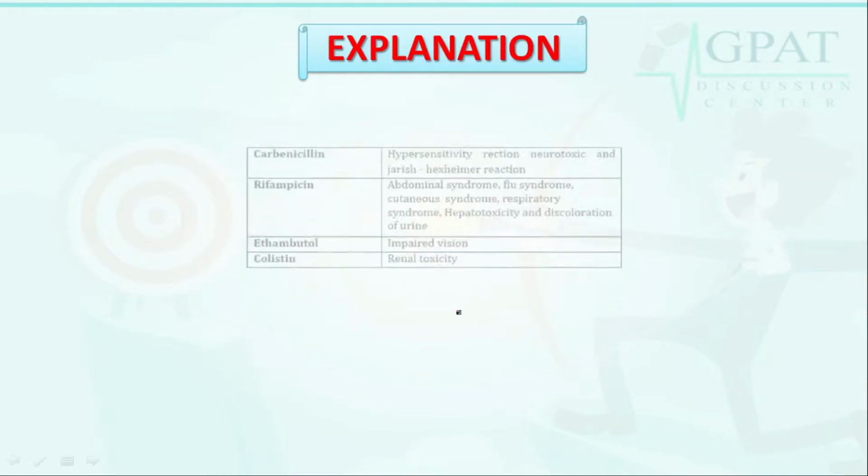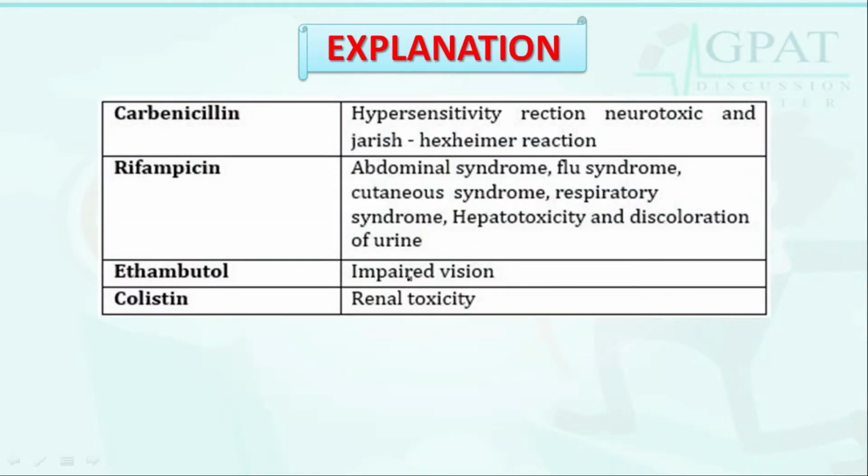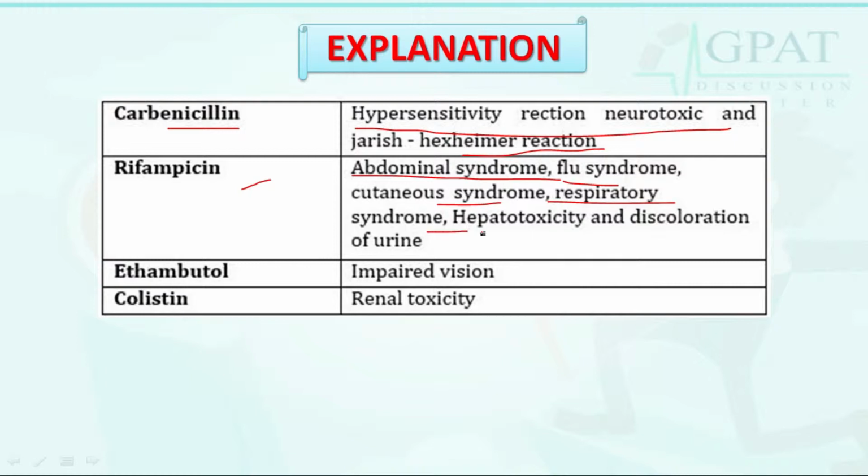So let's discuss with the help of the explanation the adverse effect of each drug. Carbamazepine causes hypersensitivity reactions, neurotoxicity, and Stevens-Johnson type skin reactions. Rifampicin causes abdominal syndrome, flu syndrome, cutaneous syndrome, respiratory syndrome, hepatotoxicity, and discoloration of urine.